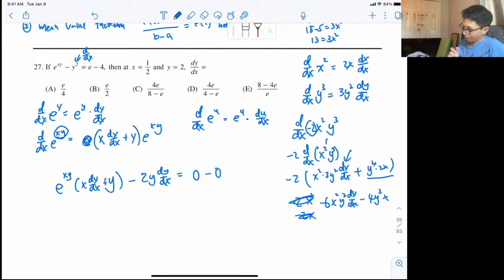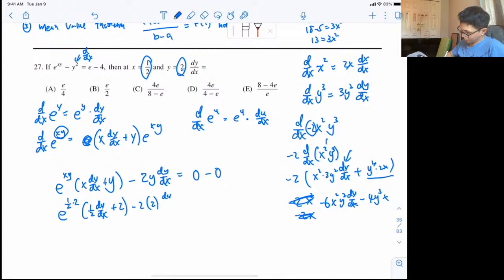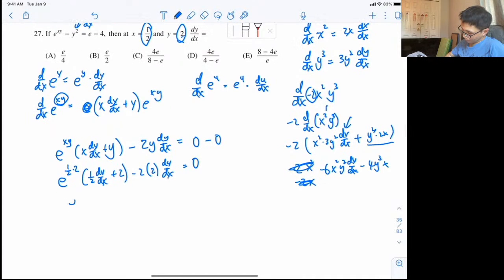Yeah. Now I'm going to plug in. I don't want to worry about anything else; I just plug in right now because it makes my life easier. So 1/2 times 2 is 1/2 dy/dx plus 2 minus 2 times 2 dy/dx is equal to 0. This one is e times half, so it'll be half e.